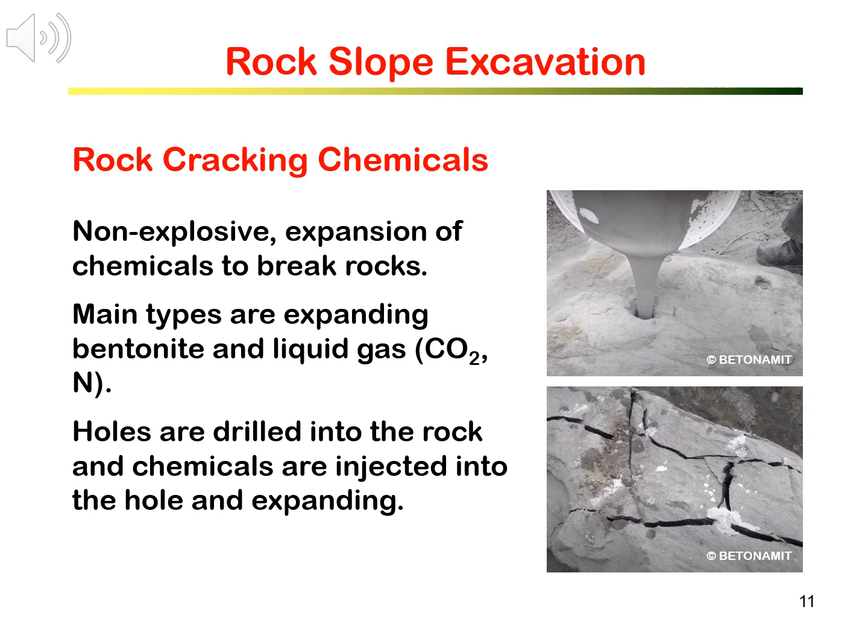If the holes are aligned, the cracks can form a fractured plane. The chemicals are not explosive, so they do not have the hazard of explosion. The two main types are chemical bentonite and liquid gas.